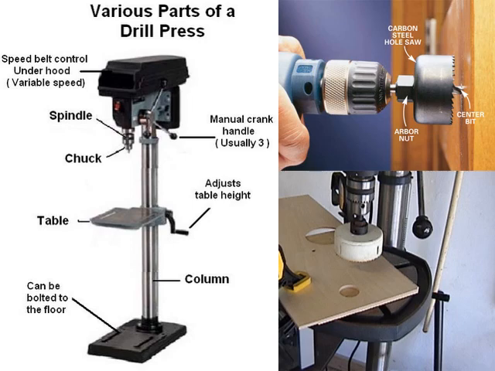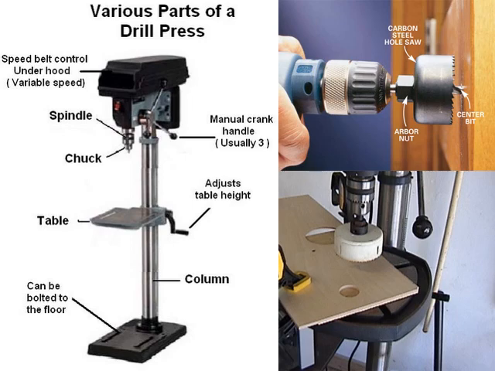Drill presses are nice because they give you nice, perfect perpendicular holes. They're also really nice because they usually have some sort of speed control that you often don't get on a hand drill. And they're a lot more sturdy, and they can do a lot more than a hand drill can, or do it a lot cleaner.